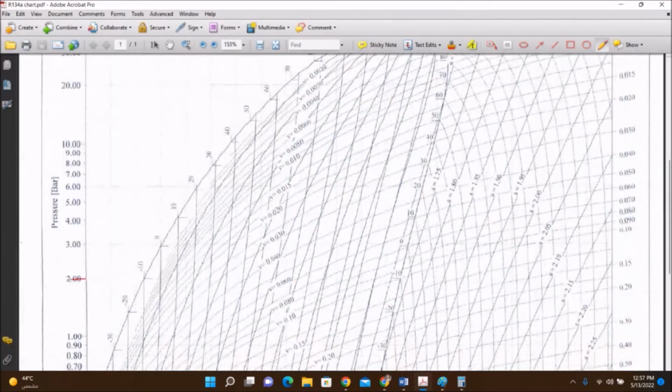Here is 2 bar and 10 bar here. I need to draw a horizontal line at constant pressure. At 10 bar, you will get 40 degrees centigrade temperature. See, so 40, 40 here, 40. This line is correct, so I need to keep on this.